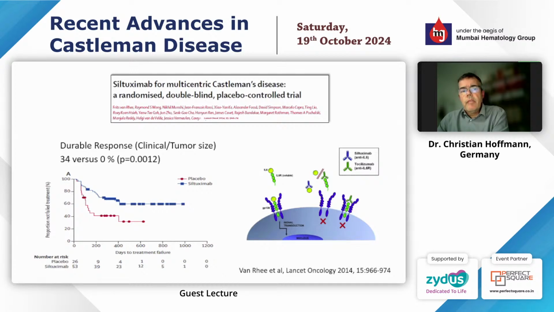Siltuximab is the only approved drug in Europe for multicentric Castleman, and this has been evaluated in the one and only randomized double-blinded placebo-controlled trial ever performed in multicentric Castleman, showing a durable response in about 1/3 of the patients. As I told you, it's the direct IL-6 antibody, not the receptor antibody.